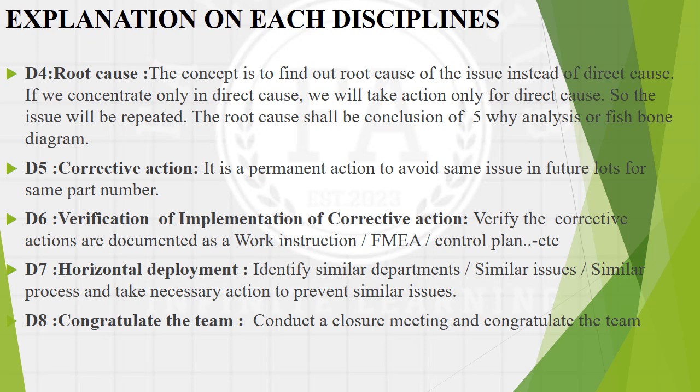Once corrective action is implemented and effectiveness is verified, after that we can go with D7, which is horizontal deployment. What is meant by horizontal deployment? We can identify similar issues in different departments. For example, in the PCB industry, if the same issue is observed in bare board testing, the work instruction is updated so that if a defective PCB is observed, he has to do permanent damage or permanent scratch on this PCB.